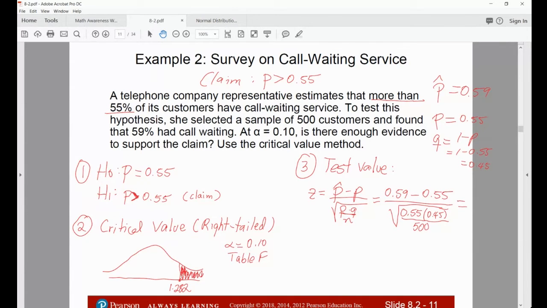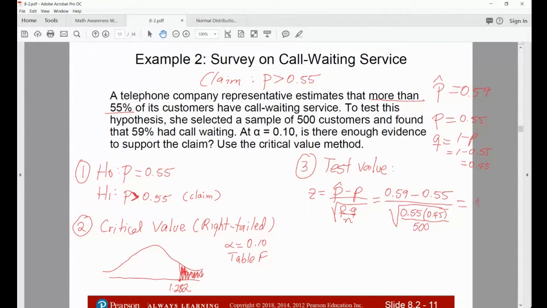So use your calculator: 0.59 minus 0.55, enter, division, square root of 0.55 times 0.45 divided by 500.